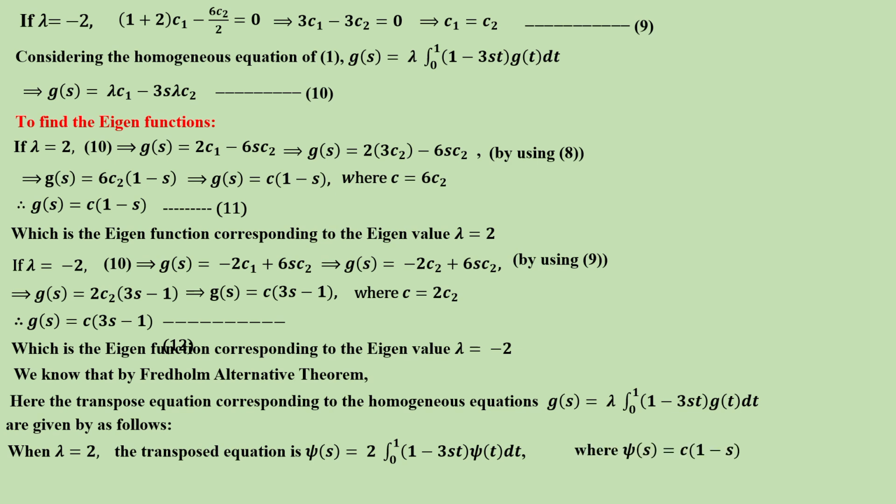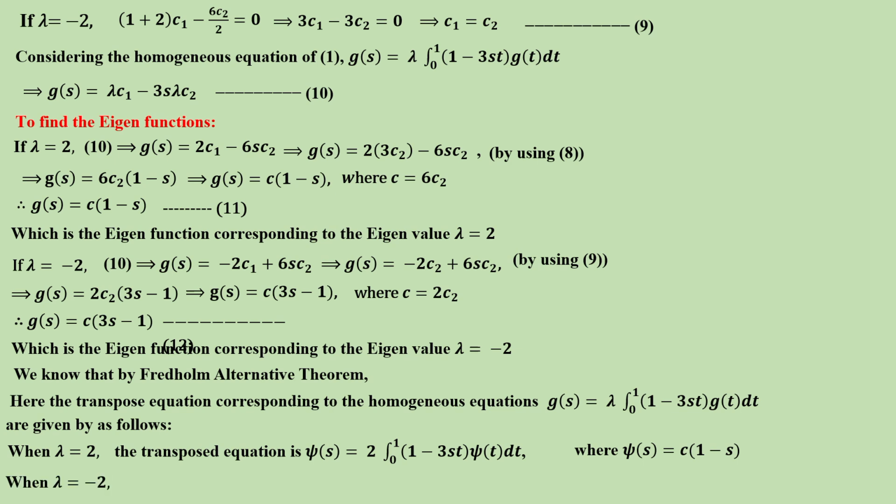From the theorem, psi of s is equal to lambda into integral 0 to 1 of (1 minus 3st), instead of g of t we are putting psi of t there. So when lambda is equal to 2, we substitute lambda equal to 2, where psi of s is equal to c into (1 minus s), from equation number 11.